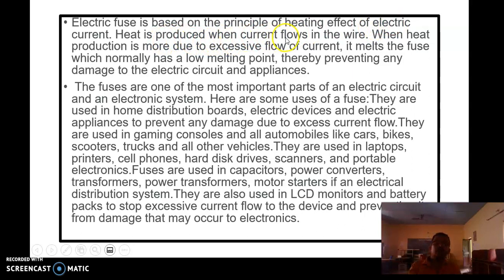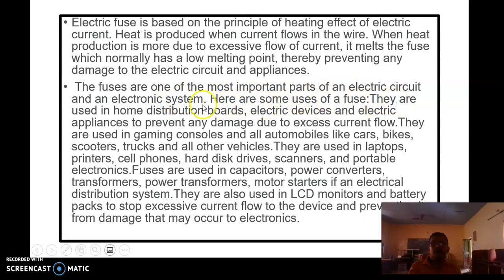Heat is produced when current flows in the wire. When heat production is more due to excessive flow of current, it melts the fuse, which normally has a low melting point, thereby preventing any damage to the electric circuit and the appliances. Fuses are one of the most important parts of the electric circuit and electronic systems.